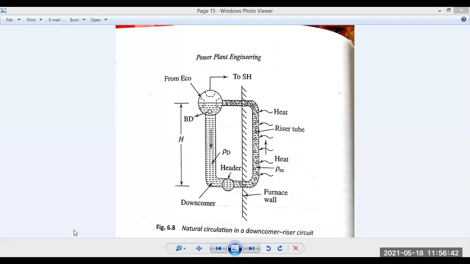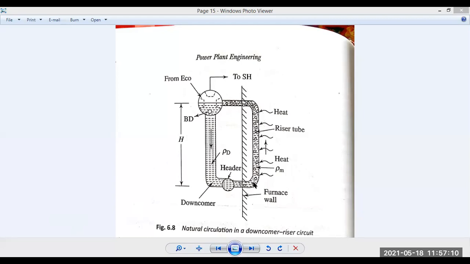What is the natural circulation of a power plant? From the economizer, we get the supply to the drum of the power plant, and from here it is supplied by the downcomer. Mostly water is coming down the downcomer into the furnace, where it is heated so that it can be fully converted into steam.